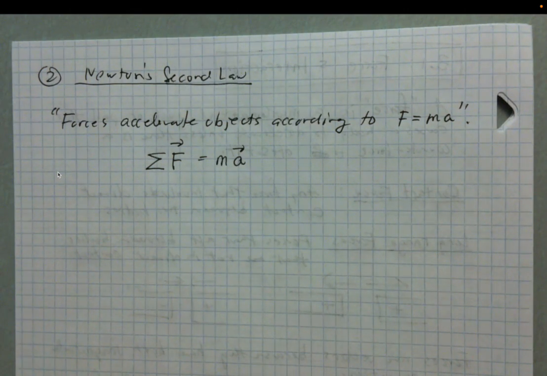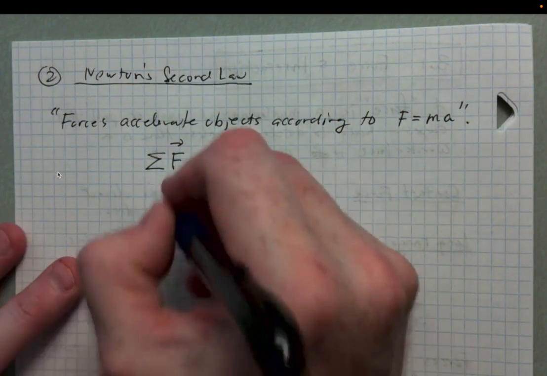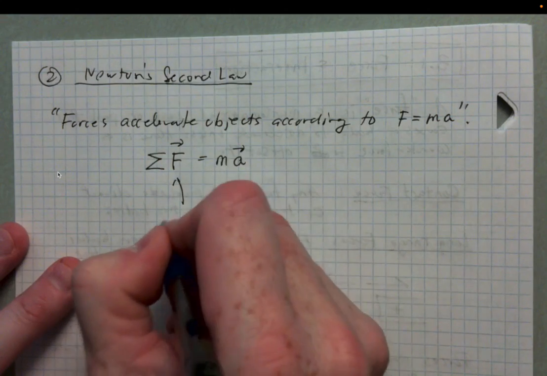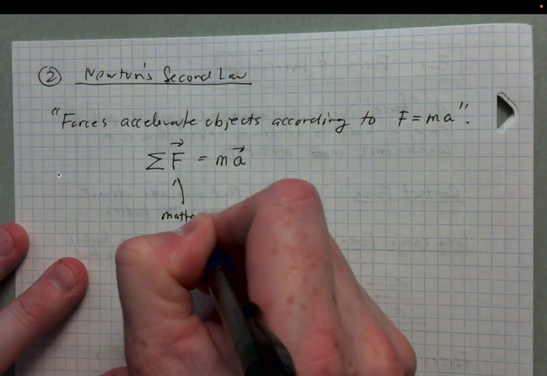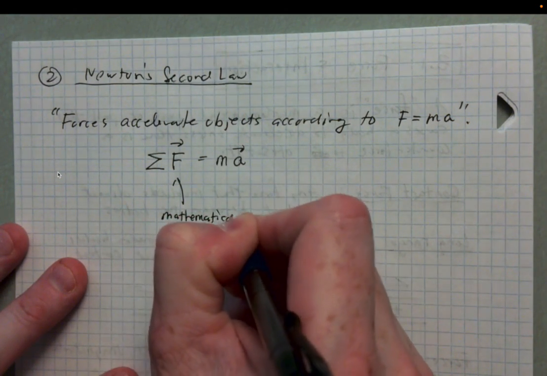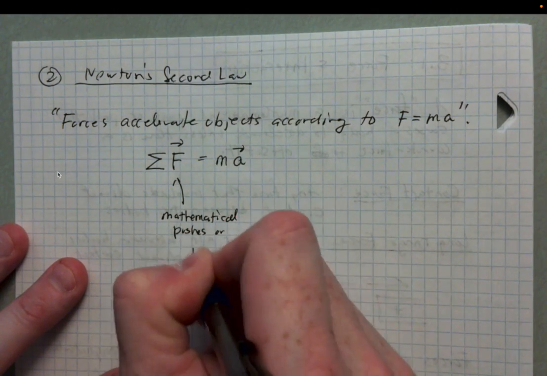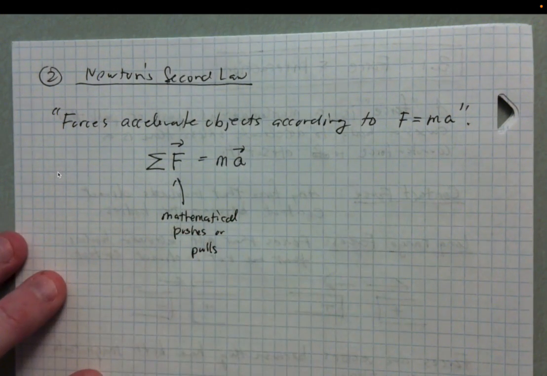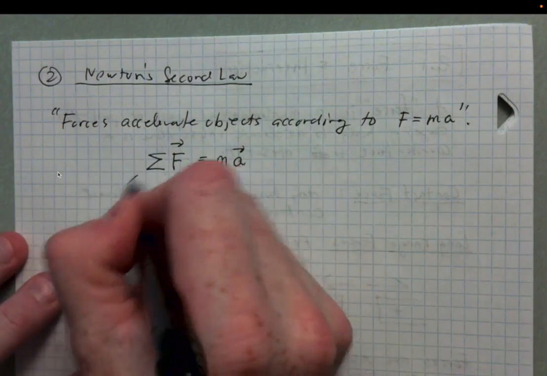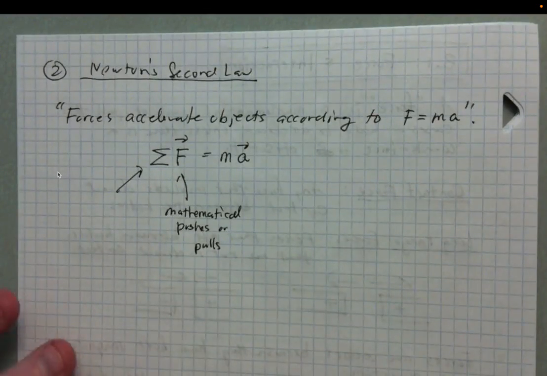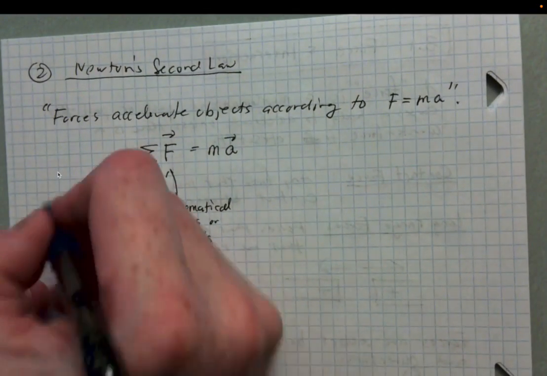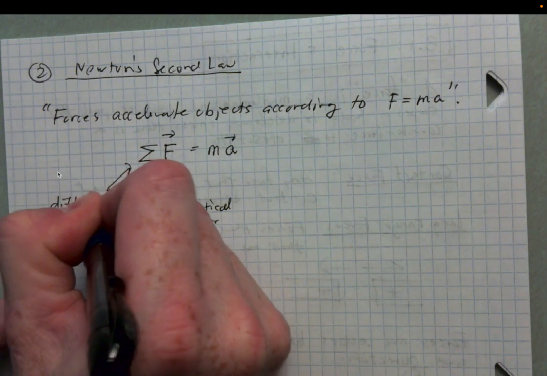Now, what are all these things here? Well, we've already discussed that force is a mathematical push or pull. And we say that there's a sum, because different forces may be acting at the same time.